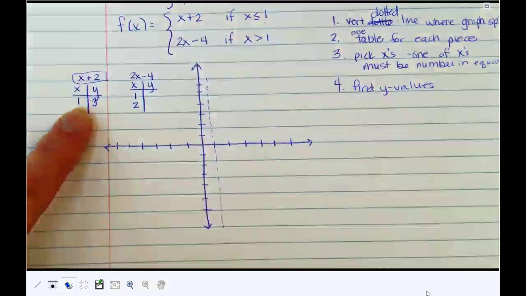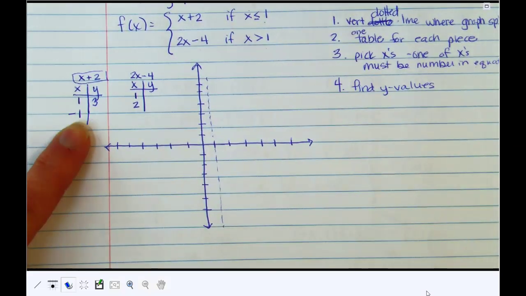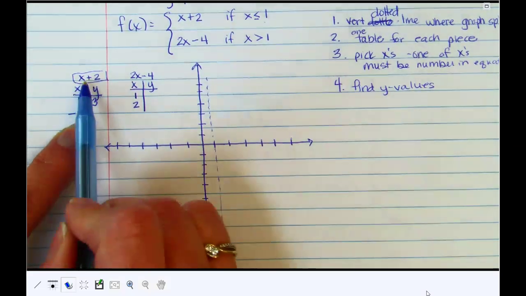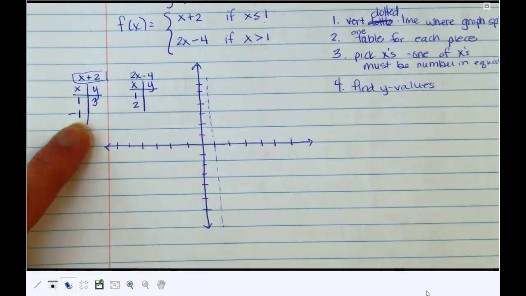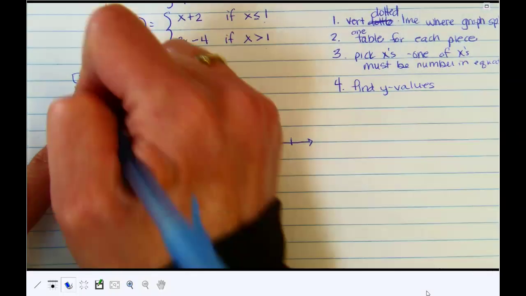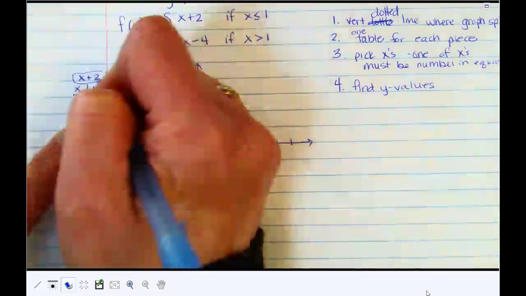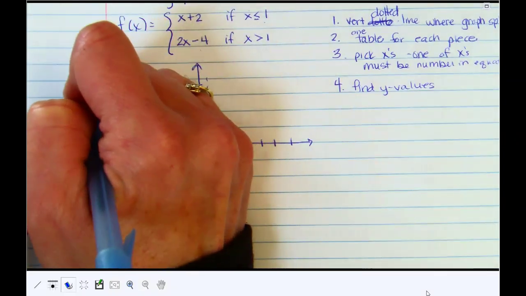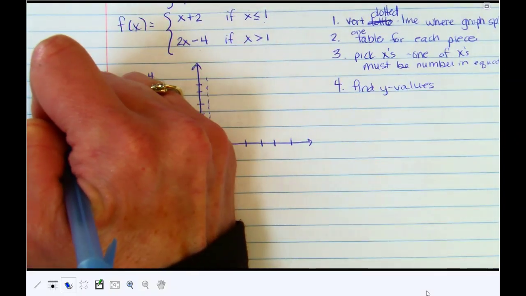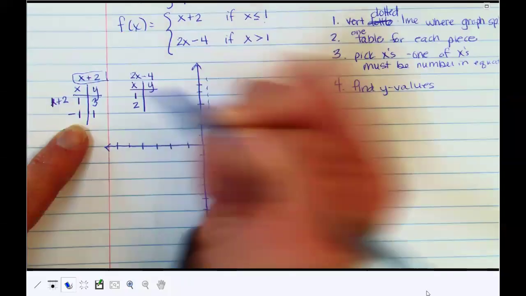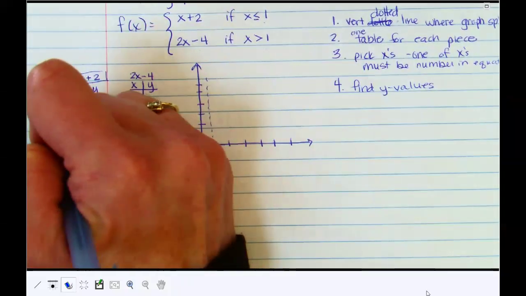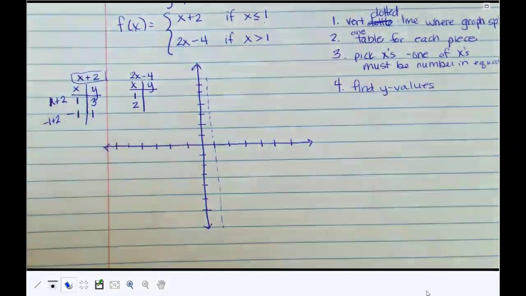Braylon, question? Okay. If x is negative 1 for this table, what do you get? 1. Positive 1. Okay. If you're not sure how we're getting that, we're taking this x and we're plugging it in. So it's x is 1 plus 2. That gives me 3. Over here, x is negative 1 plus 2. That gives me 1.